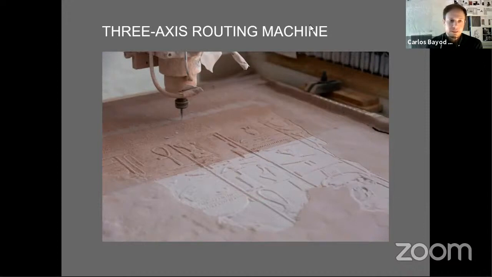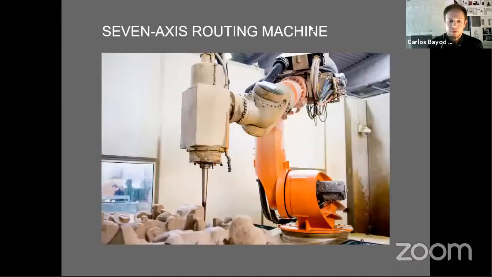So this is a 3-axis routing machine because it moves in the X, Y, and Z direction. And what we are doing is milling from a block of material that is basically a flat block of material. But then there are also multiple axis machines, milling machines, especially defined to generate volumetric shapes.